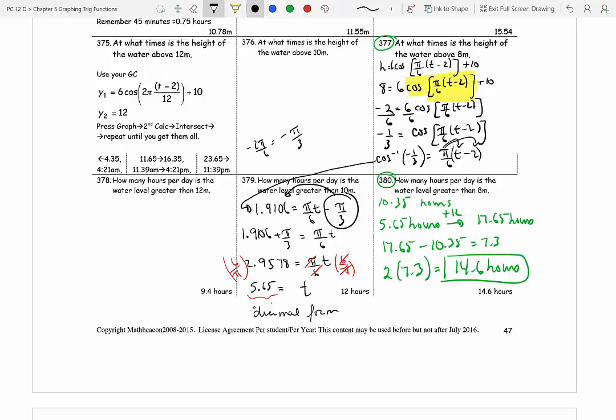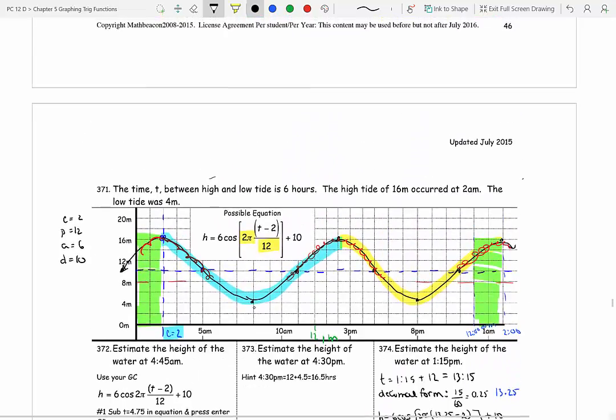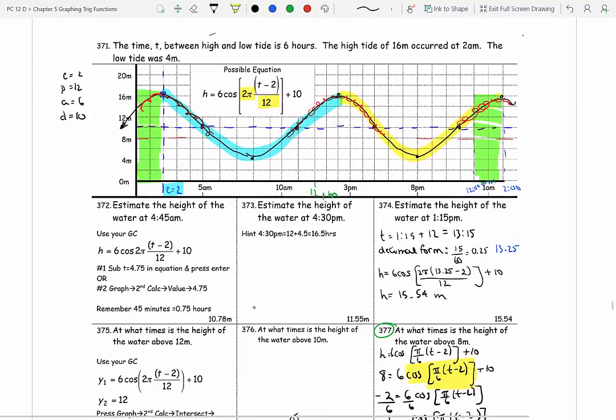Okay, so let's go back to our graph and find the points that are of interest to us that will answer the question, at what times is the height of the water above 8 meters? Our 8-meter line is along here. Our first point, which is the 5.65, is right here.